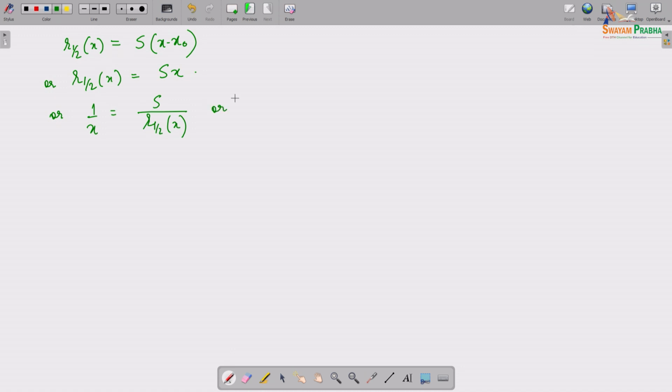So this is equal to minus 1 by u naught d dx of u naught, which is equal to s by r half into x.